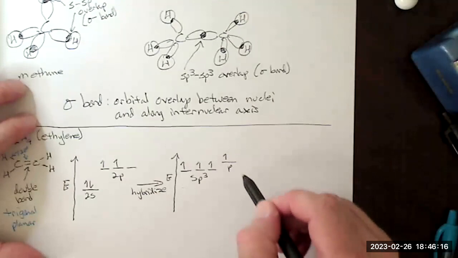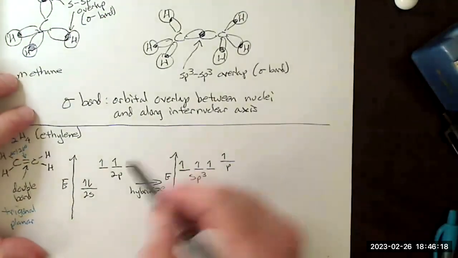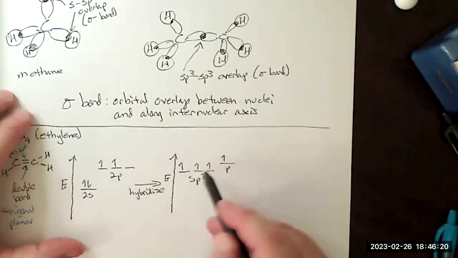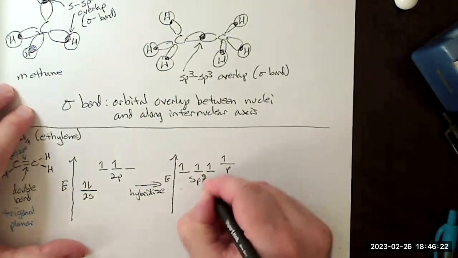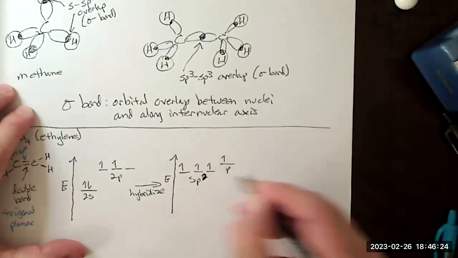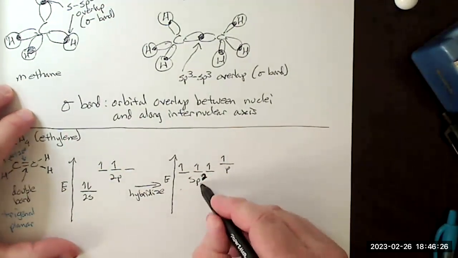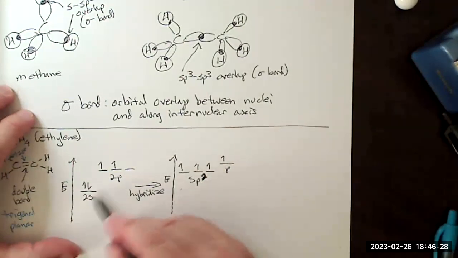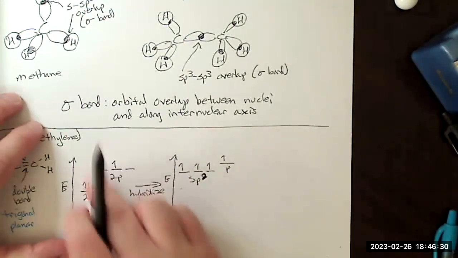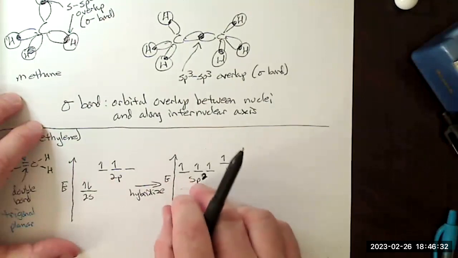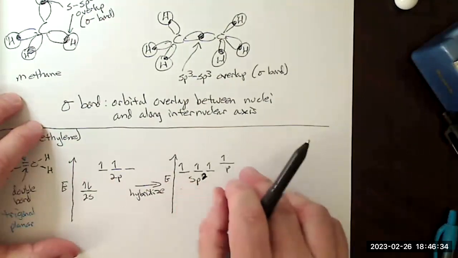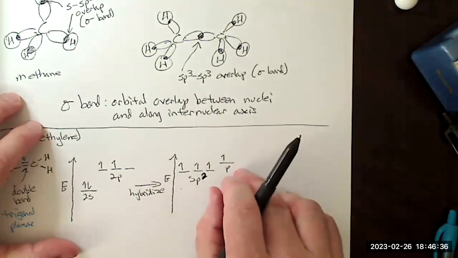And when we hybridize, we will get one electron in each of these sp2 orbitals. I've taken the s orbital and then two of the p orbitals, recombined them to make three equal sp2 orbitals. There's one p orbital left over.